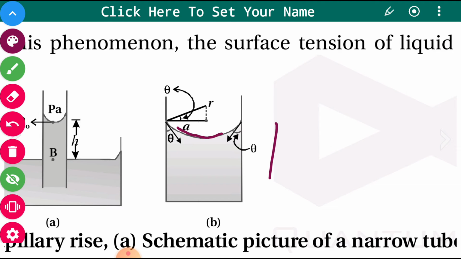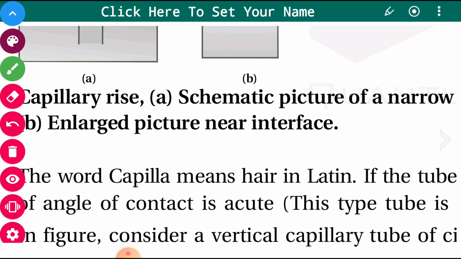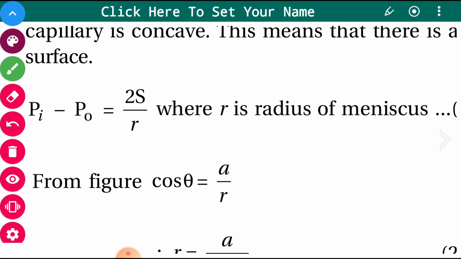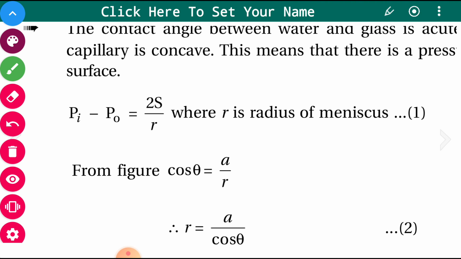Try to understand. Here there is liquid. Here is the pressure outside, and there the pressure inside. So the pressure difference across this surface is Pi minus Po, that is 2S upon r. We have written 2S upon r because it has only one surface.